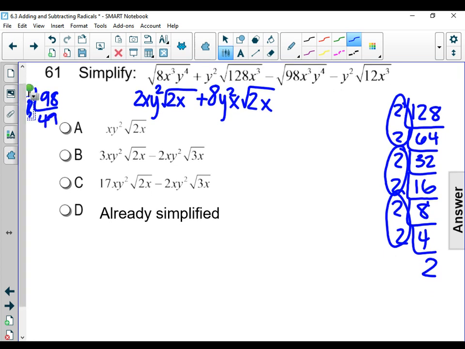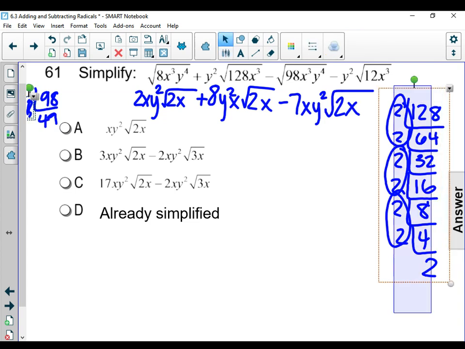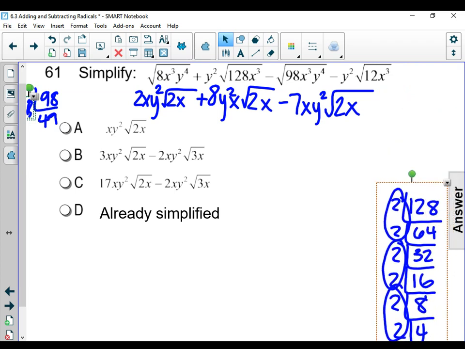And then we know we get 7 and 7. So 7 comes out. Same thing with our x's that we did on the other ones. And a 2 has to stay in. So does an x.